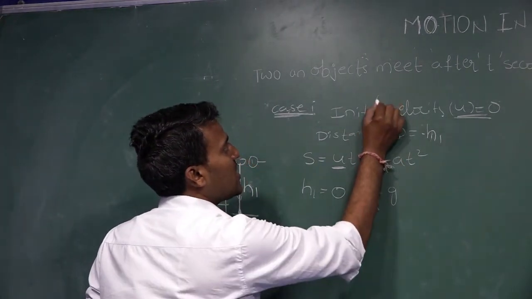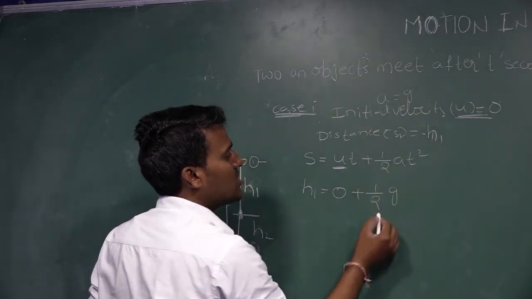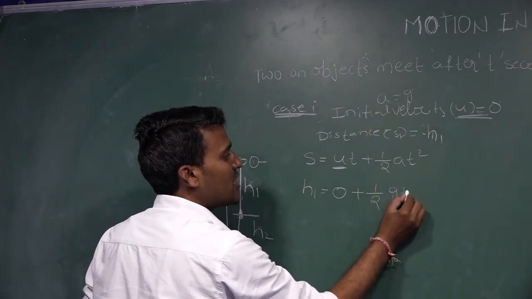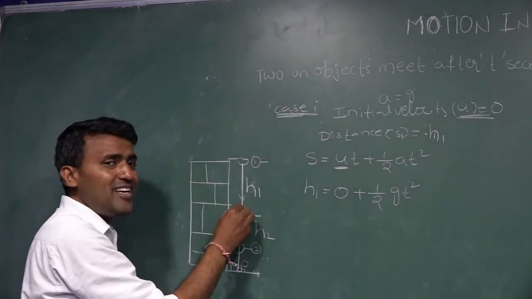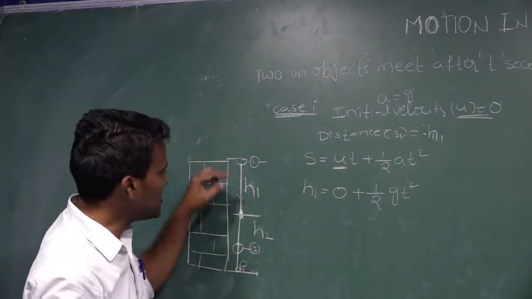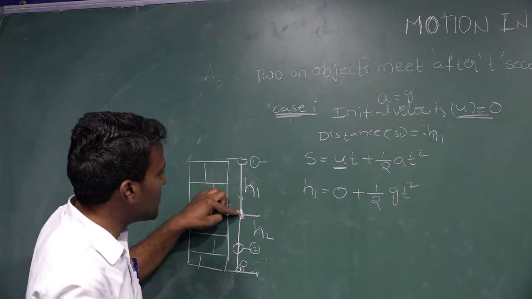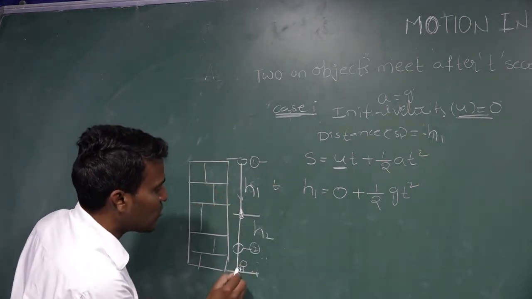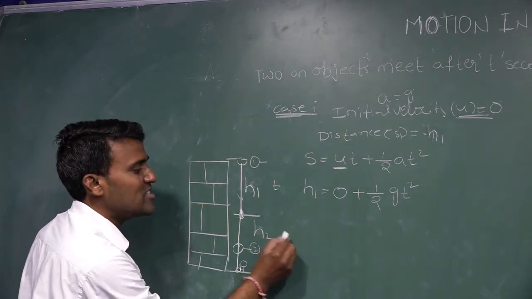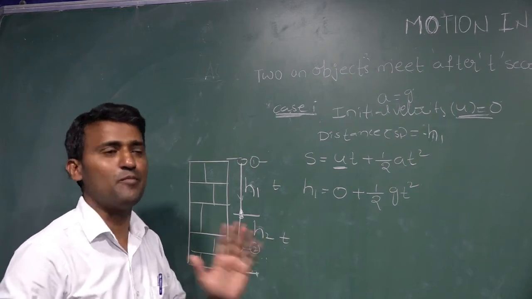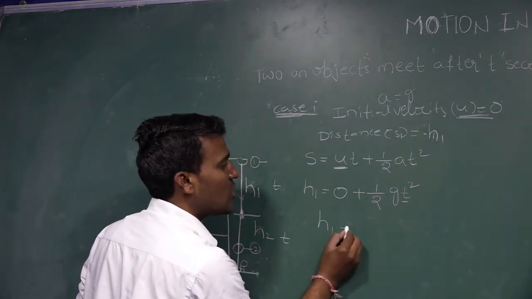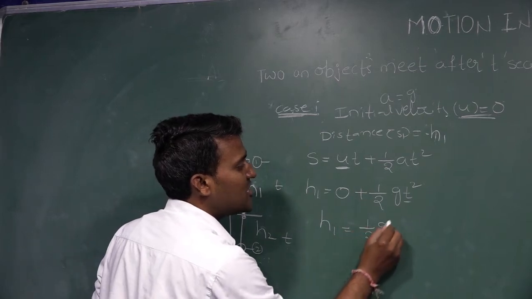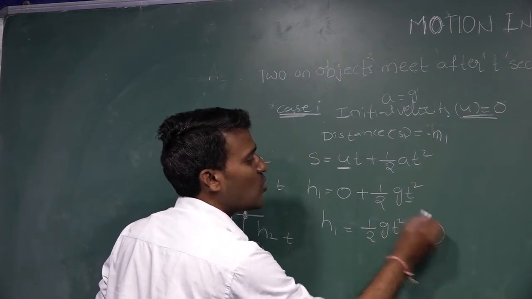Then time is t square. It is already given in the case that the two objects meet after time interval t. From the top to here it is t, and from the bottom to here the time interval is also t. The time interval is the same. So h1 is equal to half g t square. That is equation number 1.